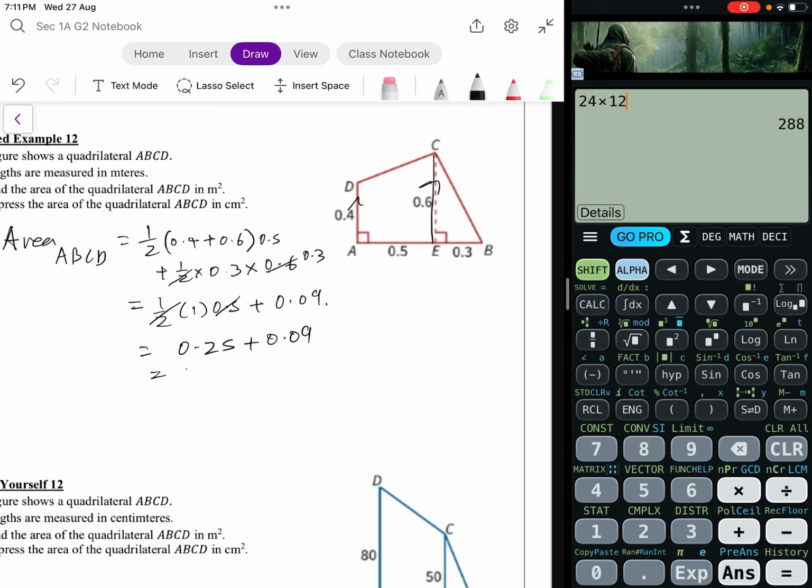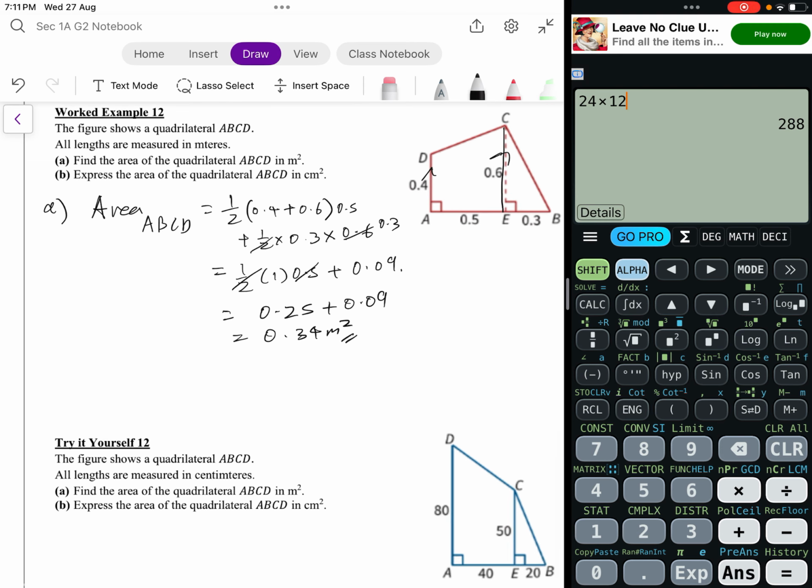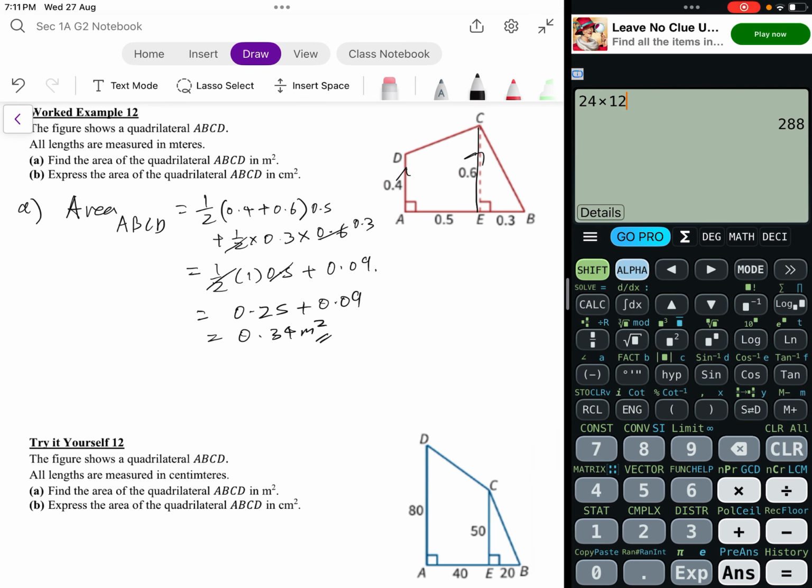Add together you will get 0.34 meter square. Don't get tricked by the decimal. If not everything, just write out the working, but use your calculator to calculate.